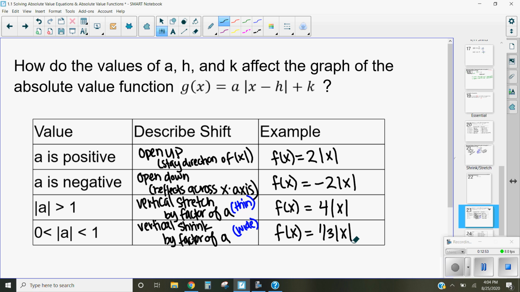When a is a fraction between 0 and 1, positive or negative, it's going to have a vertical shrink. And so our function's going to get wider because the value associated with x equals 1 is going to reduce. Okay, so all of those values are going to reduce. And that's how a affects our function. It tells us which direction it's going to open and how thin or wide it's going to be.